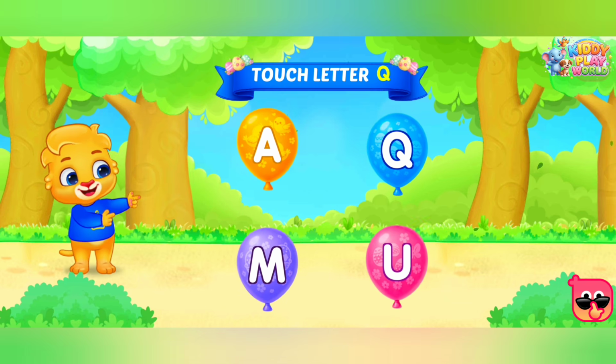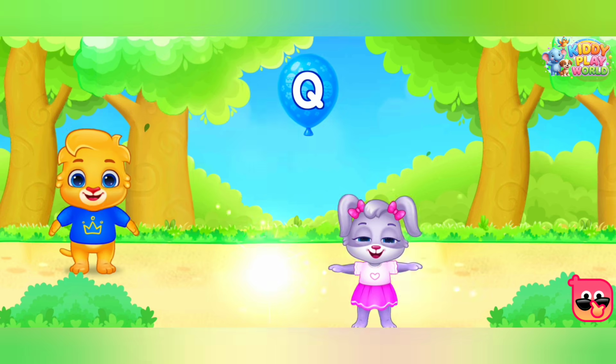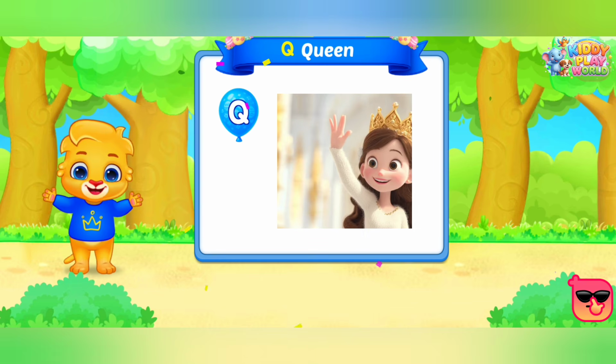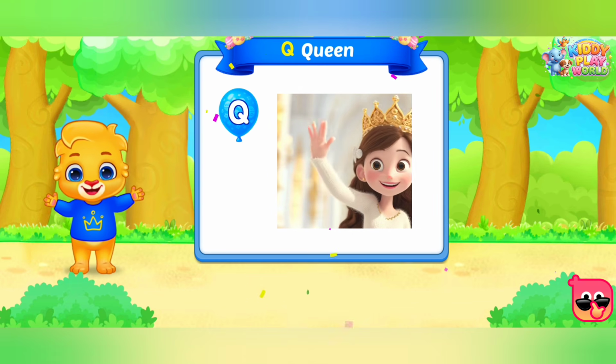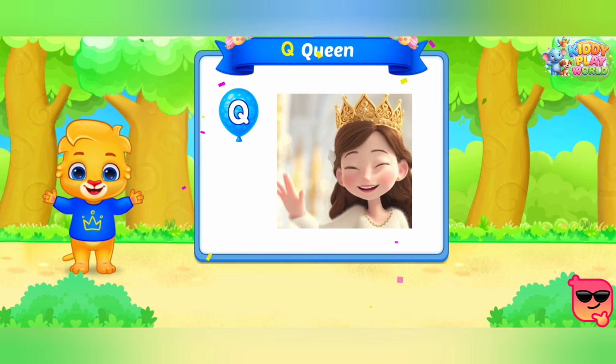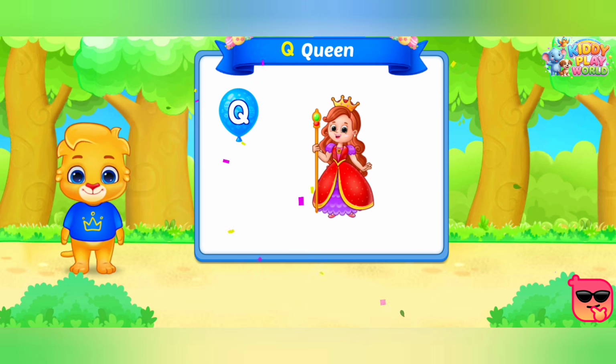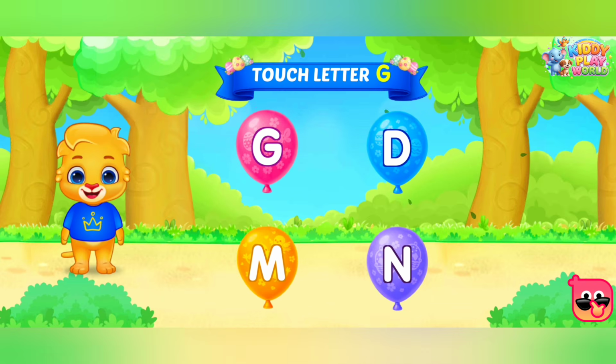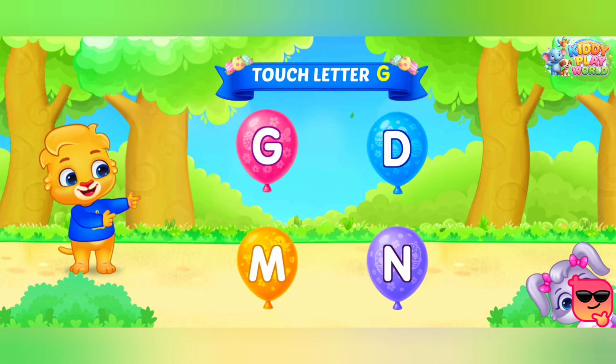Touch letter. Q. Q is for queen. Touch letter.